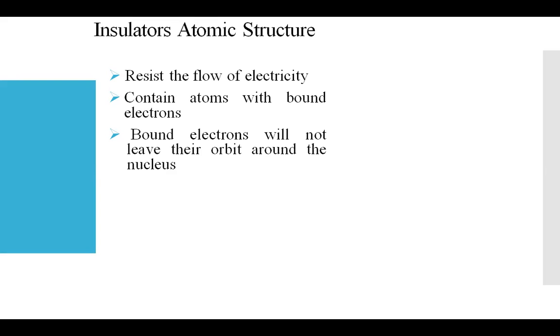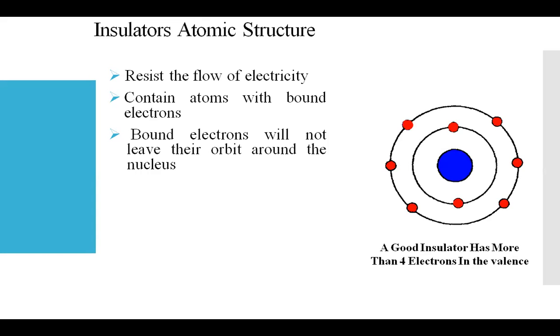That is the property, or structure, of the insulator. You can see the diagram here. A good insulator has more than 4 electrons in the valence. That is what we call the insulator.